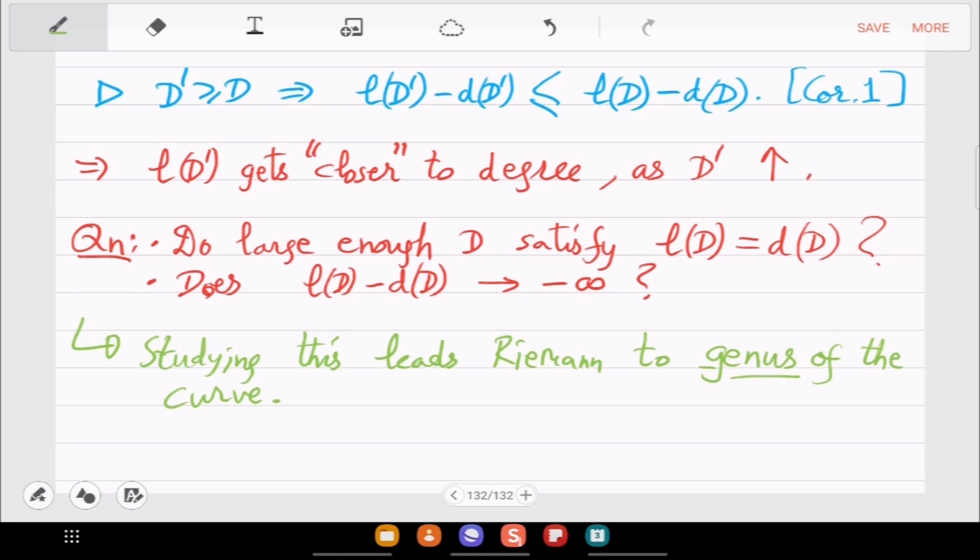So we will, I think, do that after the recess. Tomorrow what we will do is we'll work with degree of principal divisors. We'll prove some theorems about that.